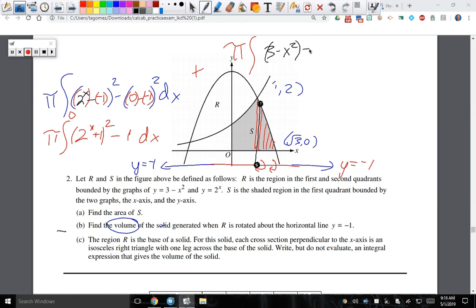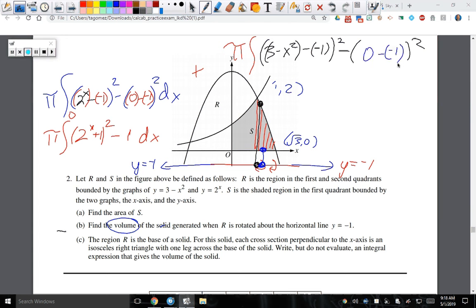Top minus the bottom, which is correct, which is a -1 squared. Are we good? Minus little r squared. Little r is going to go from axis of revolution to the inner one. What's that one going to be? It's going to be 0 minus -1.